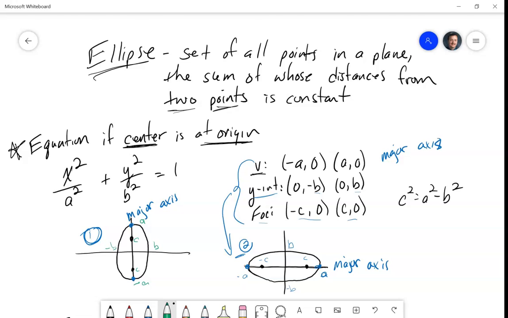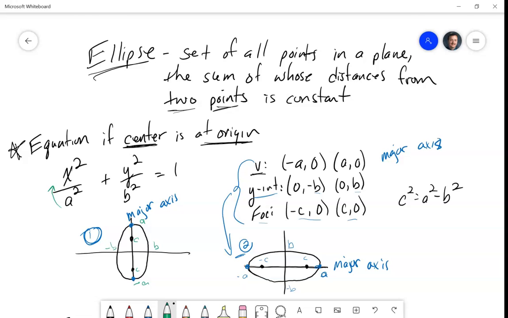Don't think of it as A always having to be on your x-axis, or A always having to be under x. A is simply the distance away from the center on the major axis.